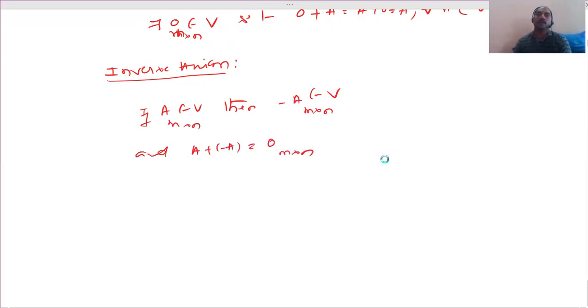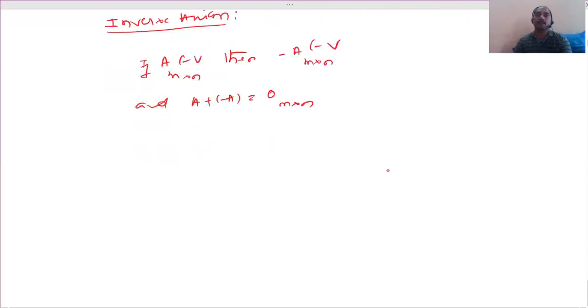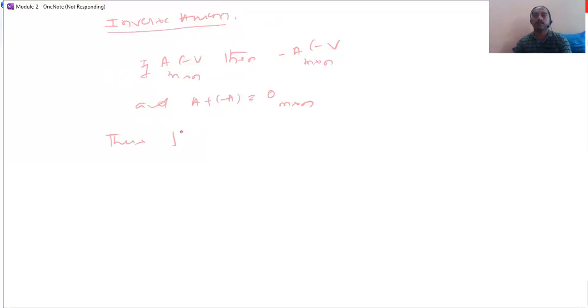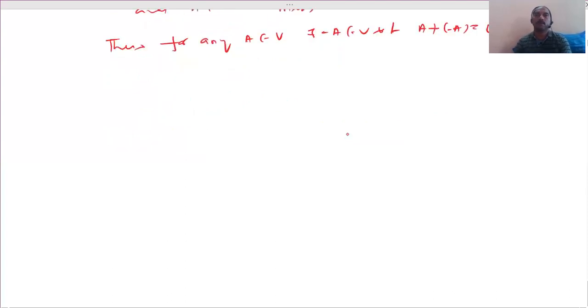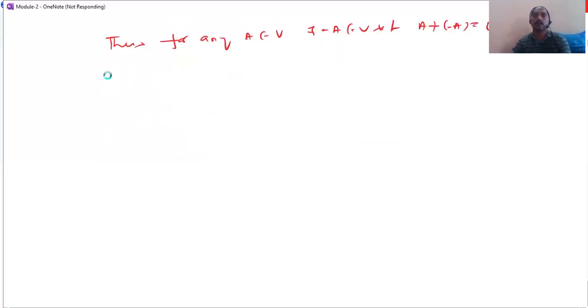Therefore, the inverse also exists. That means for any A belonging to V, there exists minus A belonging to V such that A plus minus A equals 0. Inverse over.